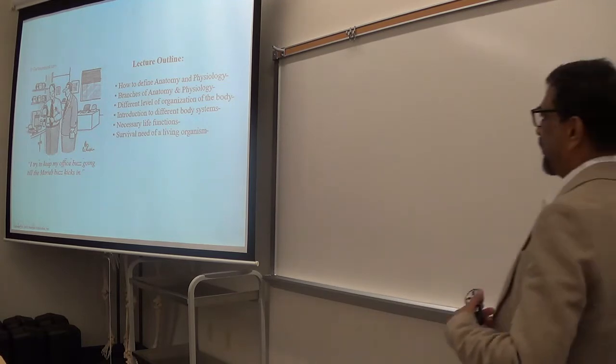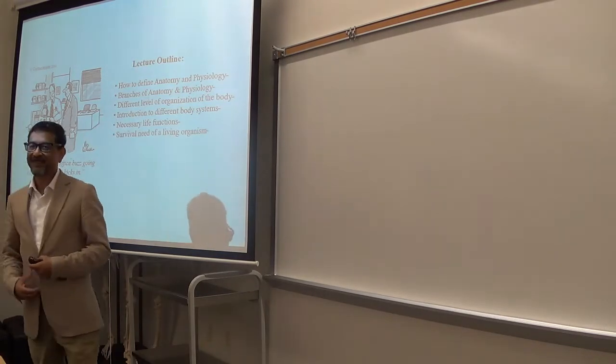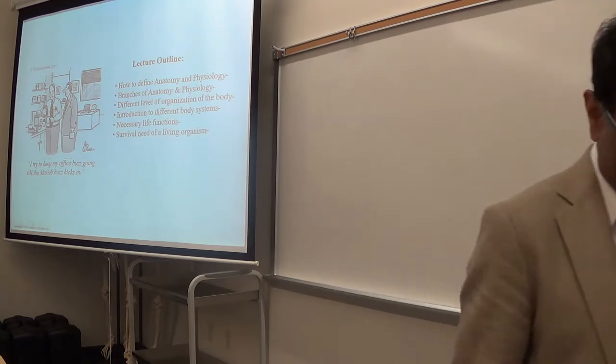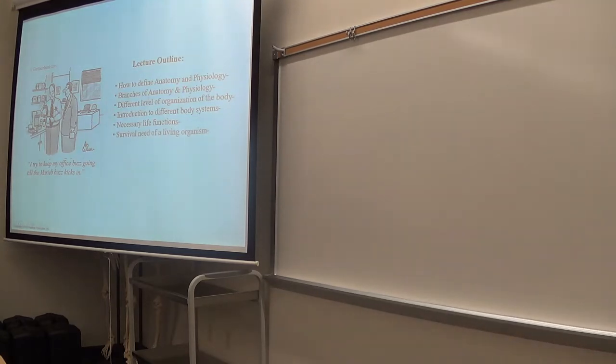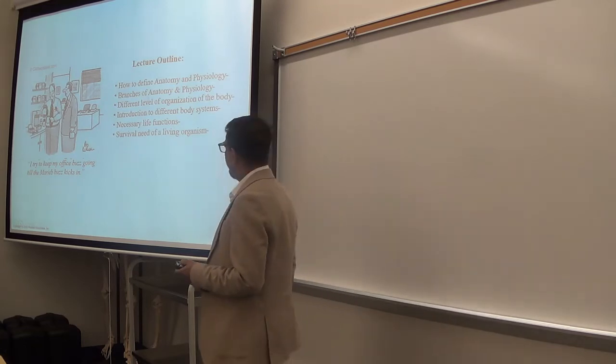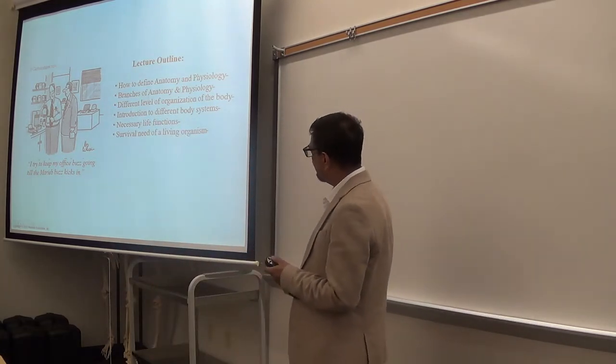Okay, so let's start. I hope you got enough coffee or tea if you drink. So first, we'll talk about the definition of anatomy and physiology. Since this is an anatomy and physiology course, we'll talk about that.